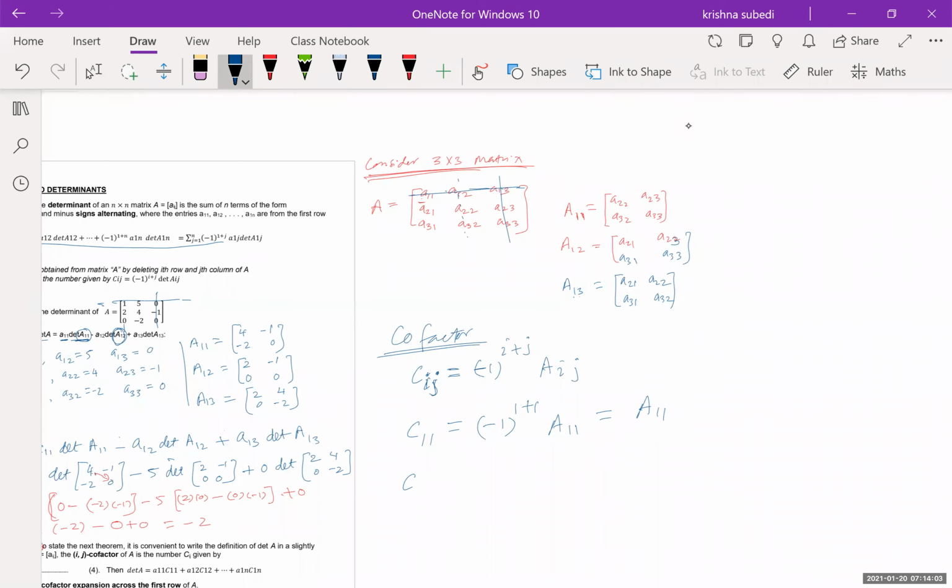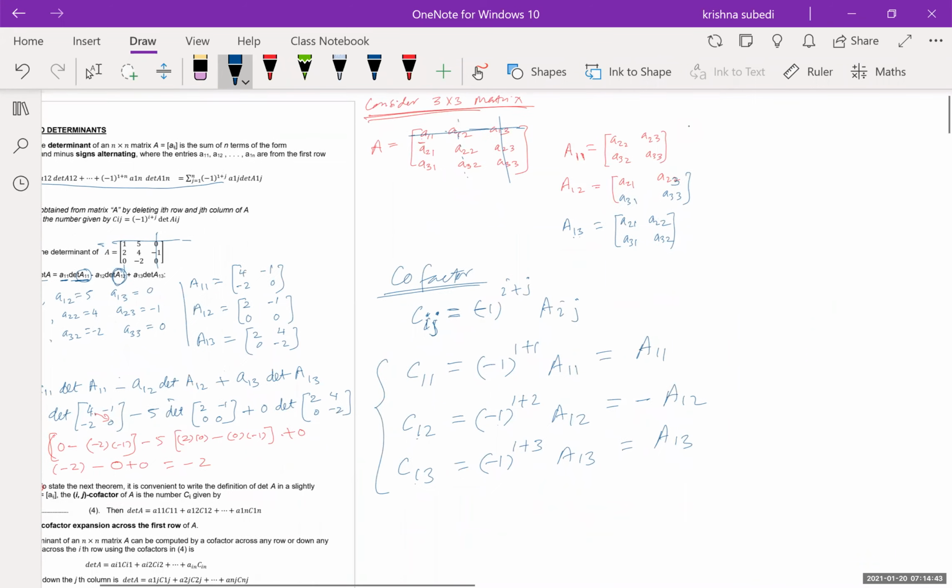Now, cofactor C12 means -1 to the power 1 plus 2, times A12. So this will be negative, so negative A12. So C13 equals -1 to the power 1 plus 3, times A13. So that's going to give me -1 to the power 4, which is positive, so A13. Again, the sign will be positive, negative, positive. So that's how we define the cofactors.